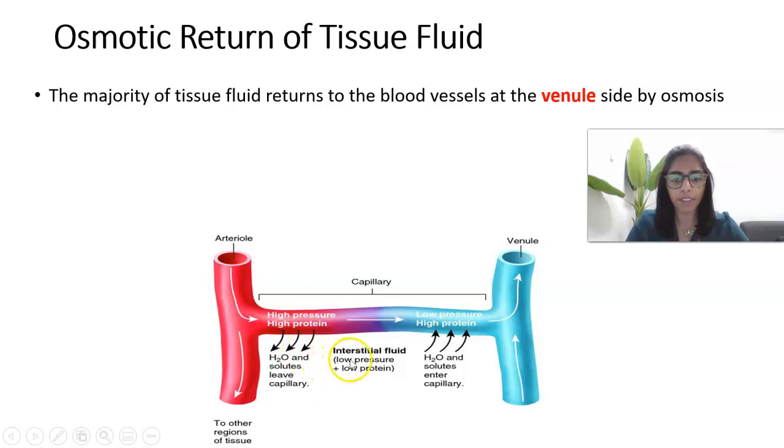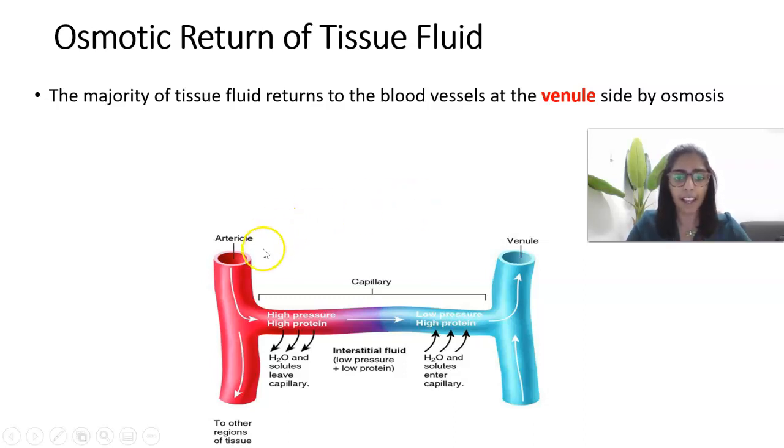Then we have a high water concentration in the cell tissues, so water will always move by osmosis, so we end up going from high water concentration down here into lower water concentration at the venule end. So the majority of tissue fluid will actually return to blood vessels at the venule side by osmosis.